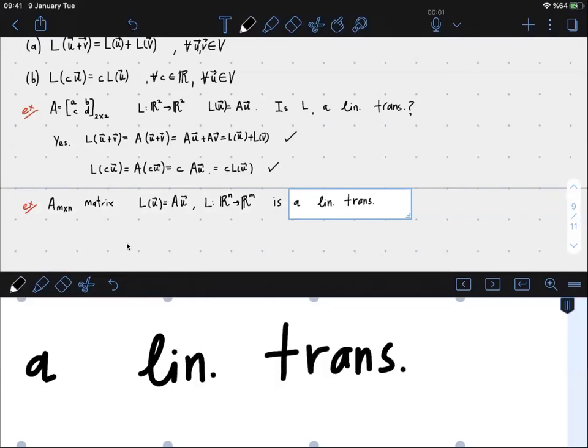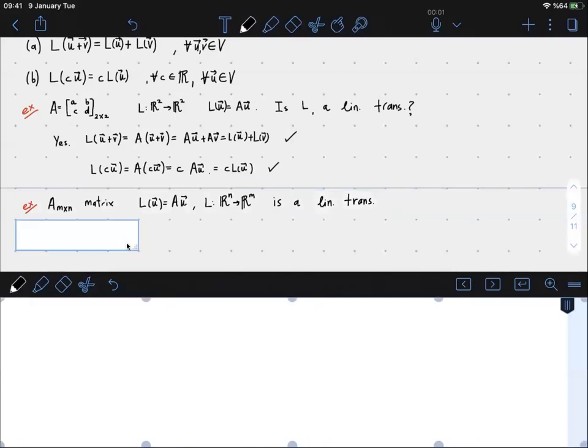So as a first example of linear transformations, matrices are always linear transformations from Rn to Rm. This is the first example, okay? And in a sense, this example covers everything that we will see.